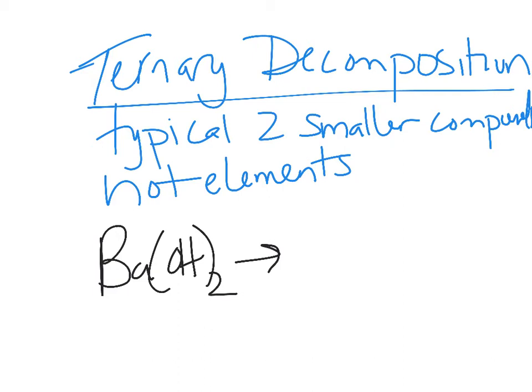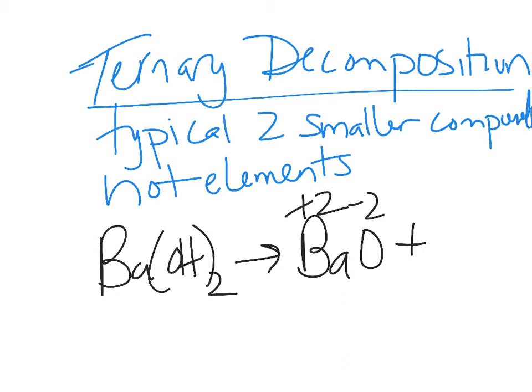Now, you might be able to guess one compound, so think of this as kind of alphabet soup. So what compounds could I make out of this? So typically I'm going to do the barium, put things with oxygen if you've got the option. Oxygen is very reactive, and then I'm looking at my oxidation states or charges in the metal and the nonmetal again. And then I'm going to have hydrogen with oxygen again to make water.